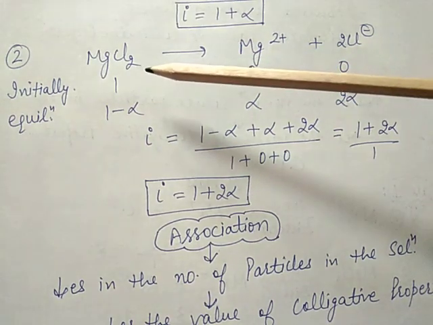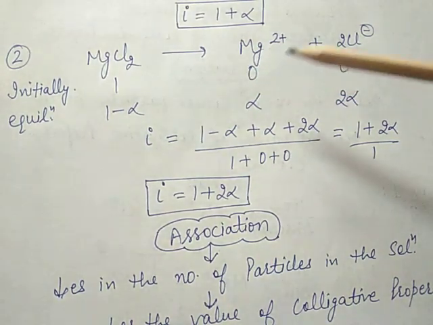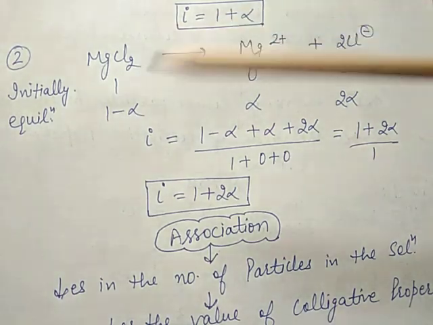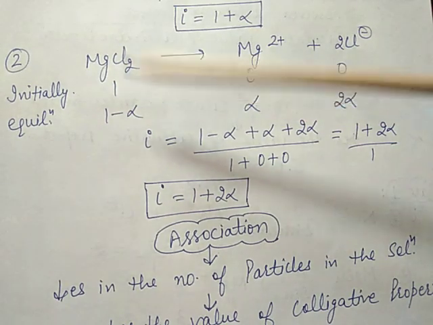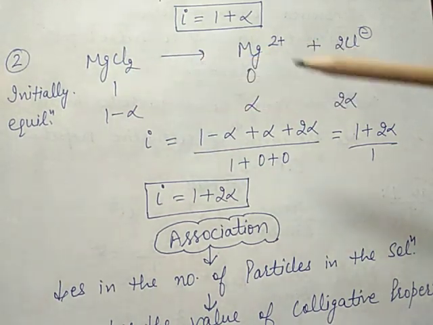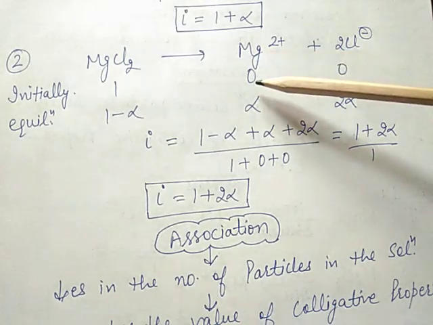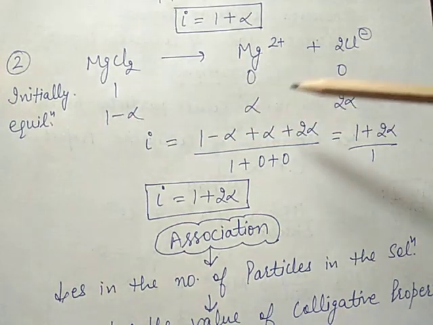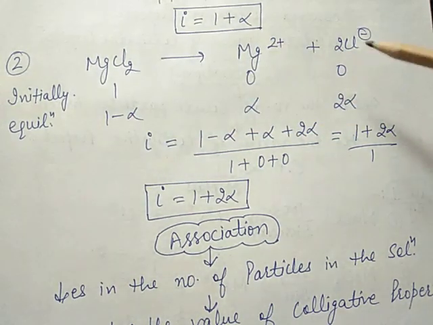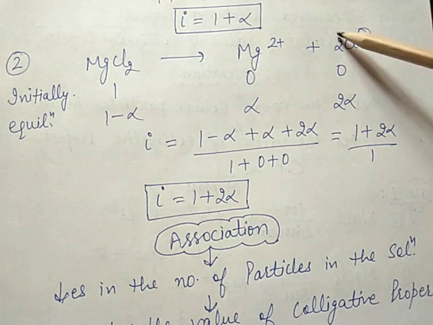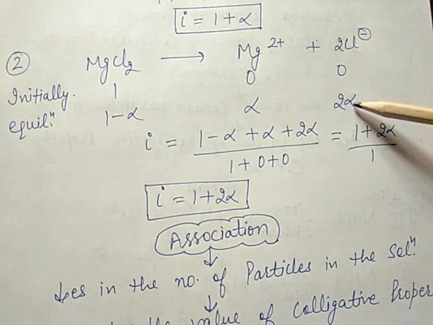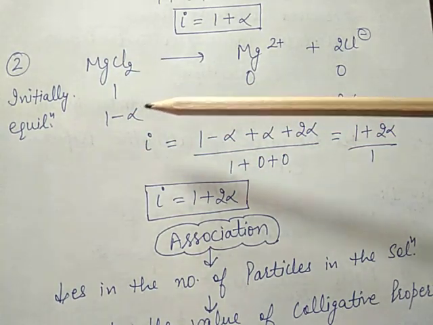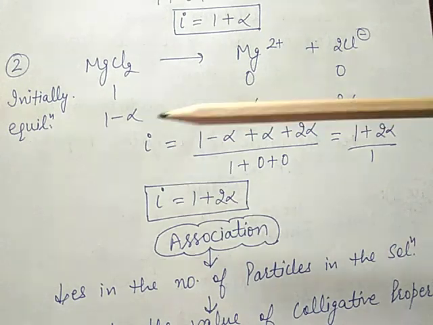Next example, when MgCl2 dissolves in water, it dissociates into ions Mg2+ and 2Cl minus. Initially, suppose here 1 mole is taken and Mg2+ having 0 mole, and this also 0. At equilibrium, here alpha mole dissociate, but its number is 2, it means 2 alpha. And MgCl2, how much left? 1 minus alpha.